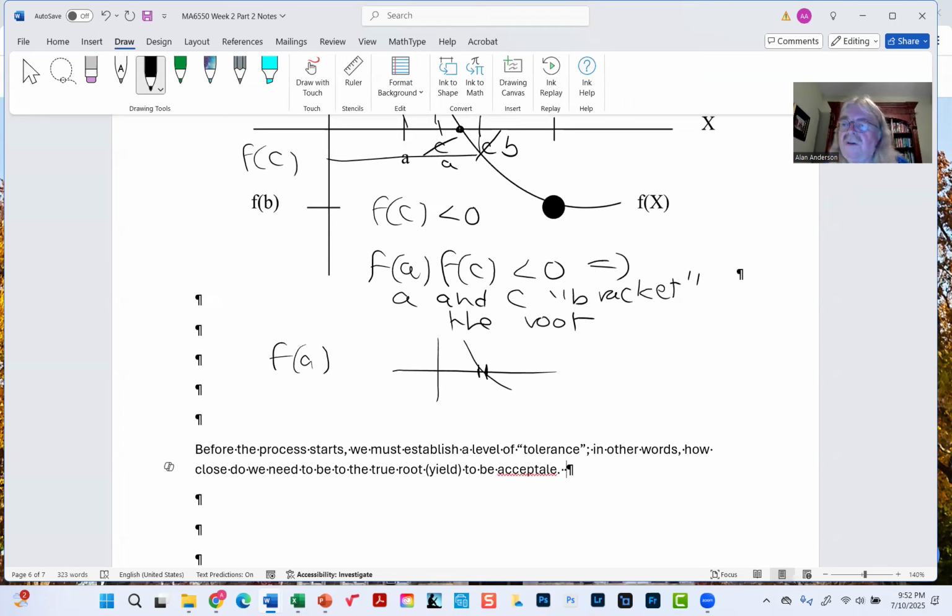Because otherwise this will go on forever, literally forever. Okay, so if you decided that you need to know the yield within 0.0001, well, that's fine. It'll stop when you've gotten closer than that.